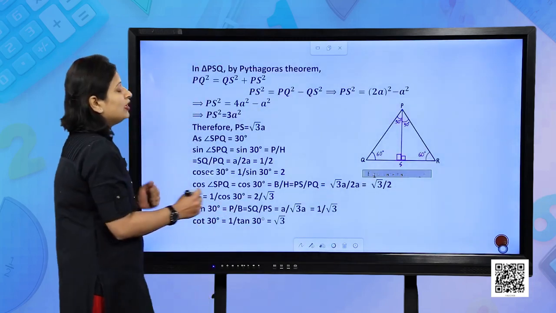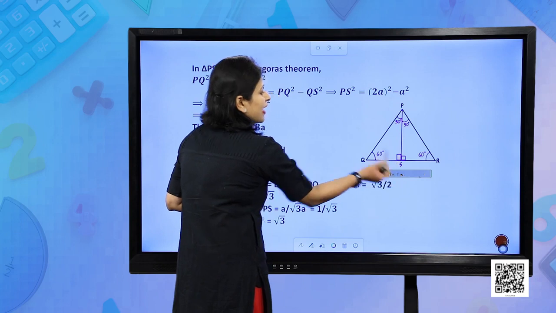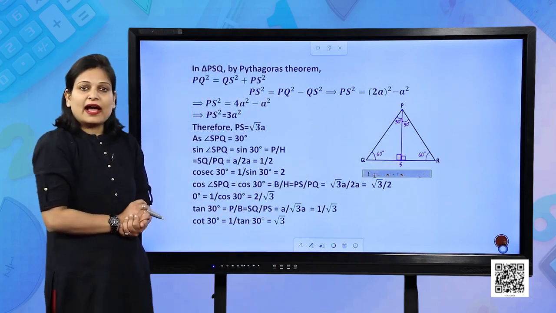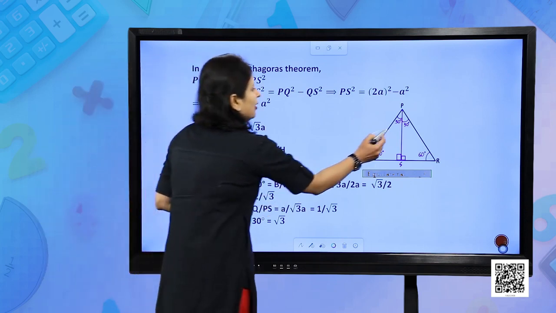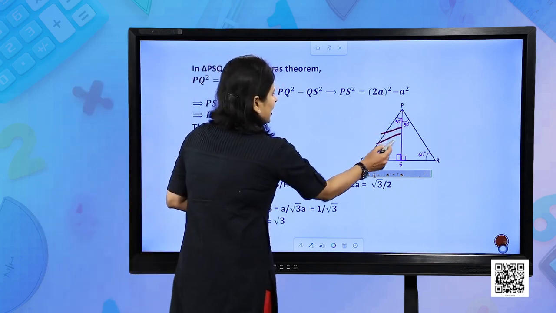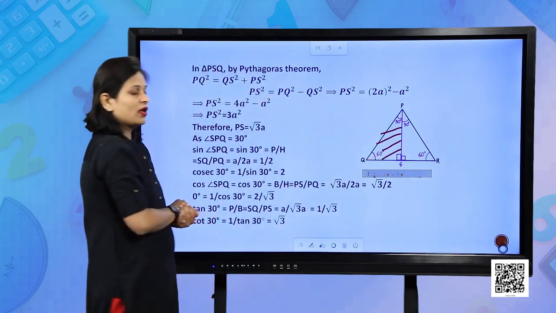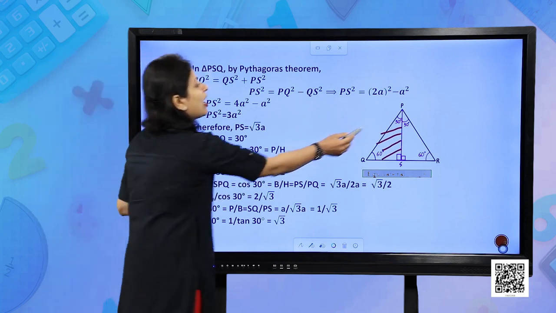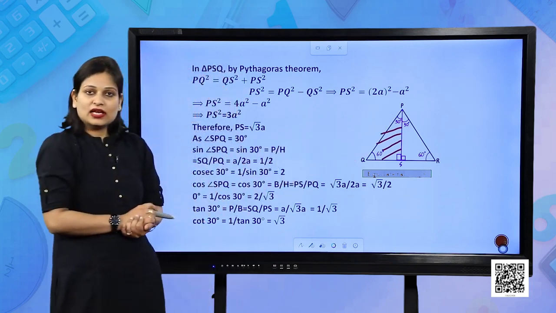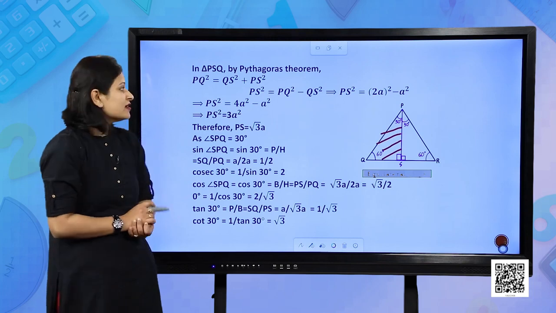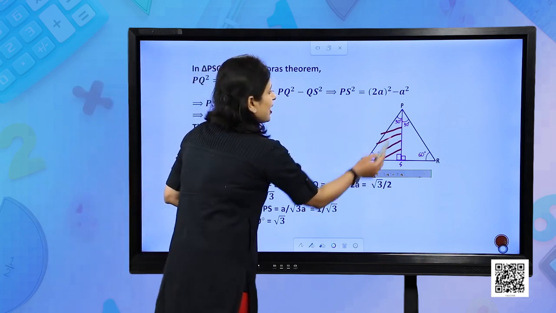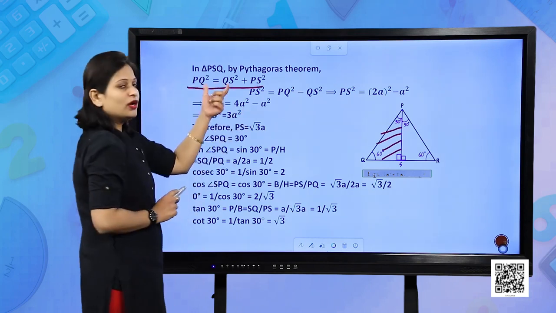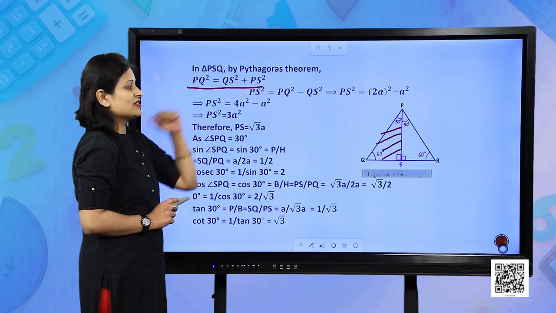Now, we need to find out the length of side PS. For this, we need to apply Pythagoras theorem in triangle PSQ. So, according to the statement, PQ square, hypotenuse square, is equal to the sum of the squares of the other two sides, which are QS and PS. So, what will you get? PQ square is equal to QS square plus PS square.